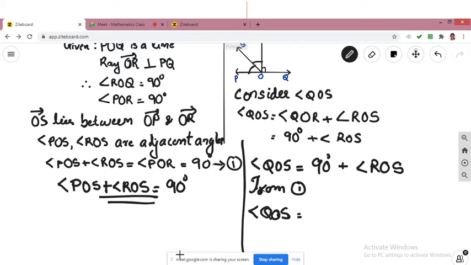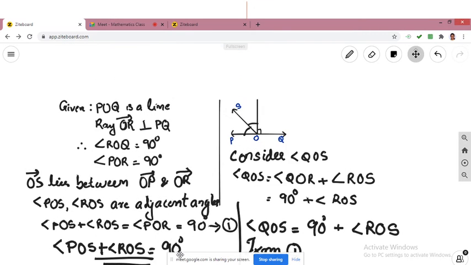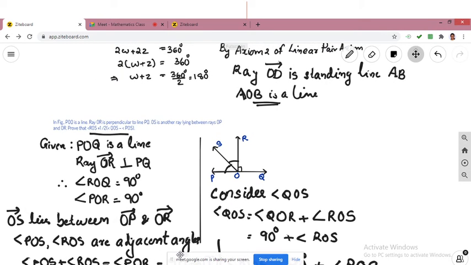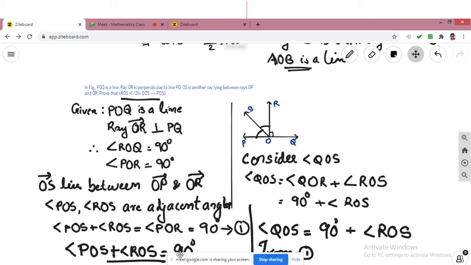Yes, but if we do it like that, we need to prove that angle QOS is equal to half of, sorry, I'll show you the question. We need to prove that angle ROS is equal to 1 by 2 of angle QOS minus angle POS. There is no 90 degrees in it. We need to reach there, right? Let me write it.